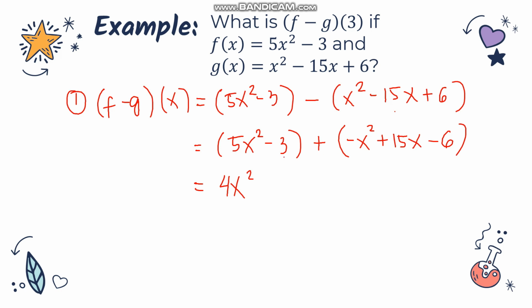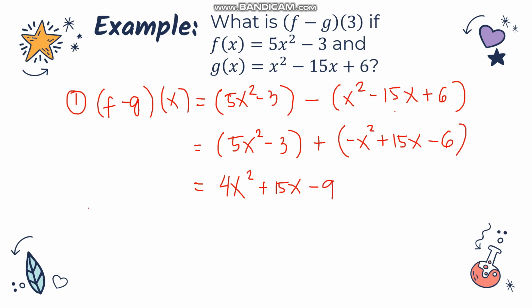And as you notice, the minuend here doesn't have a term with x variable only. So since on the subtrahend there is 15x, all you have to do is to just copy it. And last, we have negative 3 and add it to negative 6. That will give us negative 9.